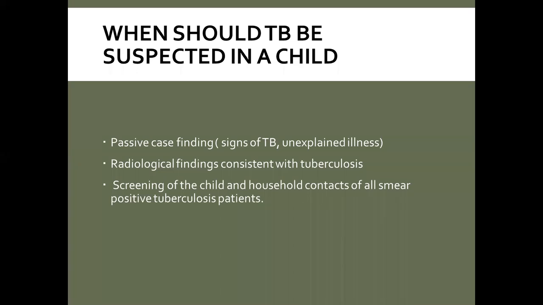Second, patients usually come to us with their X-rays and they suspect TB in their family members, and the chest X-rays show extensive lung damage consistent with tuberculosis. Similarly, when we are dealing with a patient of tuberculosis and we want to screen household contacts. So these are three common scenarios when we suspect tuberculosis.